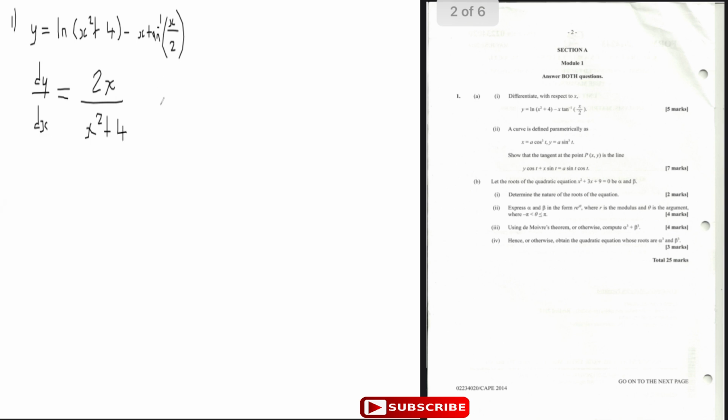So it's going to be minus, using product rule, you keep the first, which is x, times the differential of the second.